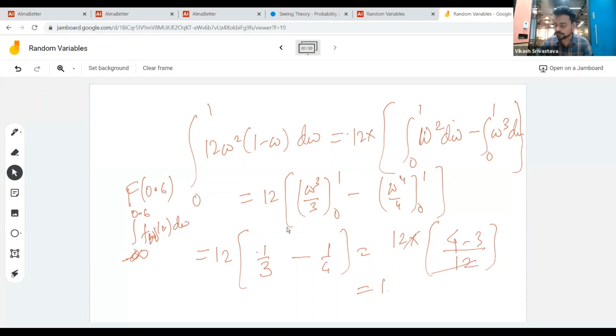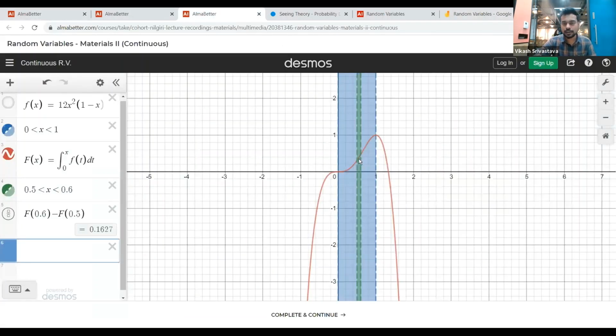And then F of 0.5 is the integral from 0 to 0.5 of f of capital W dw. If you take the difference between those, that will give you the area in this particular green zone. So this area is essentially 16%, or 0.1627.